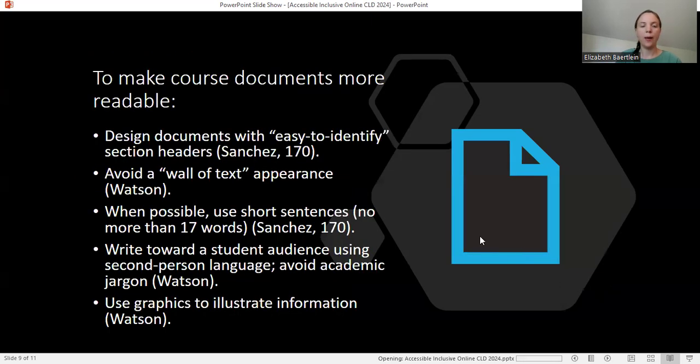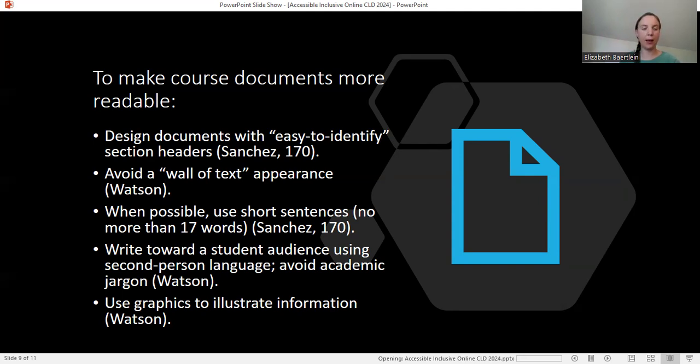Okay. Here are some hints for making course documents more readable. Whether it's online or something that you're going to hand out to students, these apply either way. Having easy to identify section headers is really useful, just to navigate those documents, avoiding that wall of text appearance that can really just make students shut down, especially multilingual students who maybe see a lot of words they don't know and feel like, oh, this is so dense.